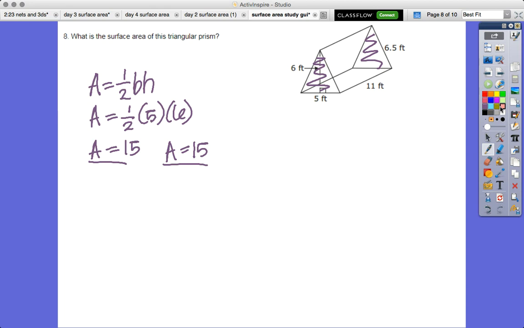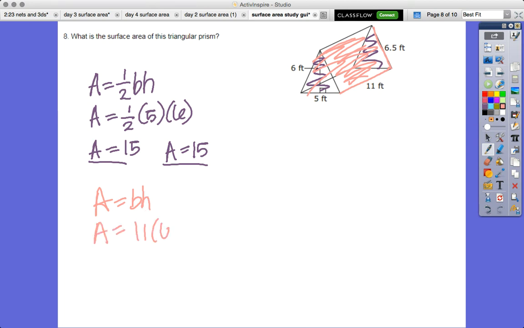Now I need to find the area of the right side of this triangular prism. Since it doesn't give me any dimensions, I know that this front side is going to be the same as this back side, and this right side is going to be the same as the left side. They have a length of 11 and a height of 6.5. So I'm going to use the formula area equals base times height.